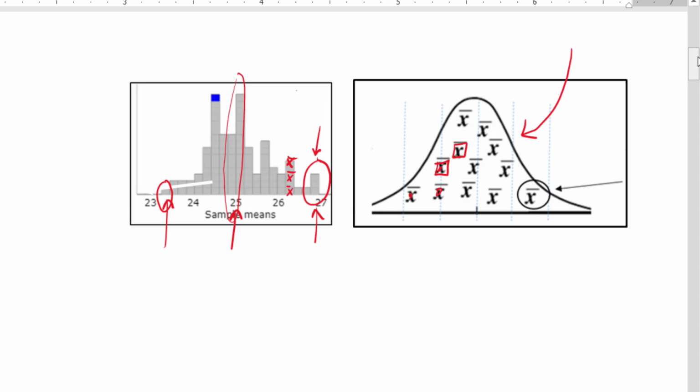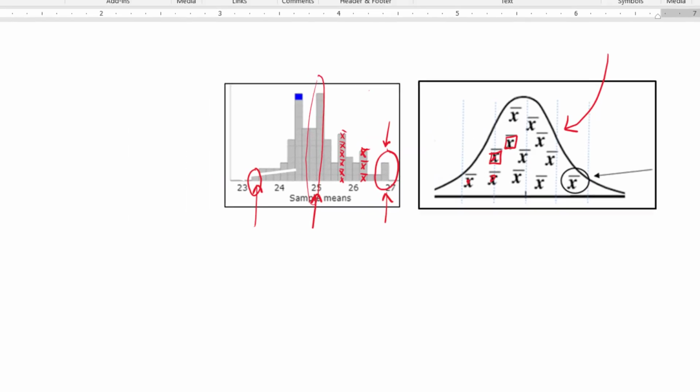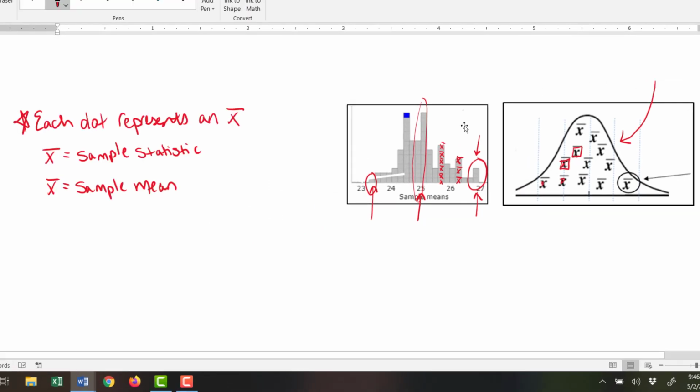A different sample collected and calculating a different x-bar. And they're counting how many times we got each one of those x-bars. So again, each little square in our distribution of sample statistics represents a sample mean x-bar. X-bar is a sample statistic. It's a distribution of x-bars, a distribution of sample means.